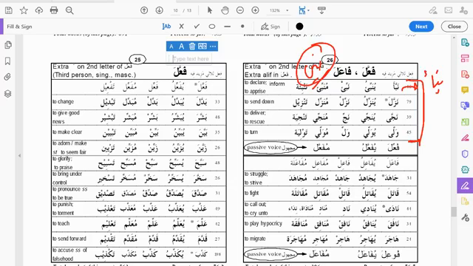I want you to look closely, because they're now going to start a new type of patterning, in which جاهد, يجاهد, فاعل, جاهد.